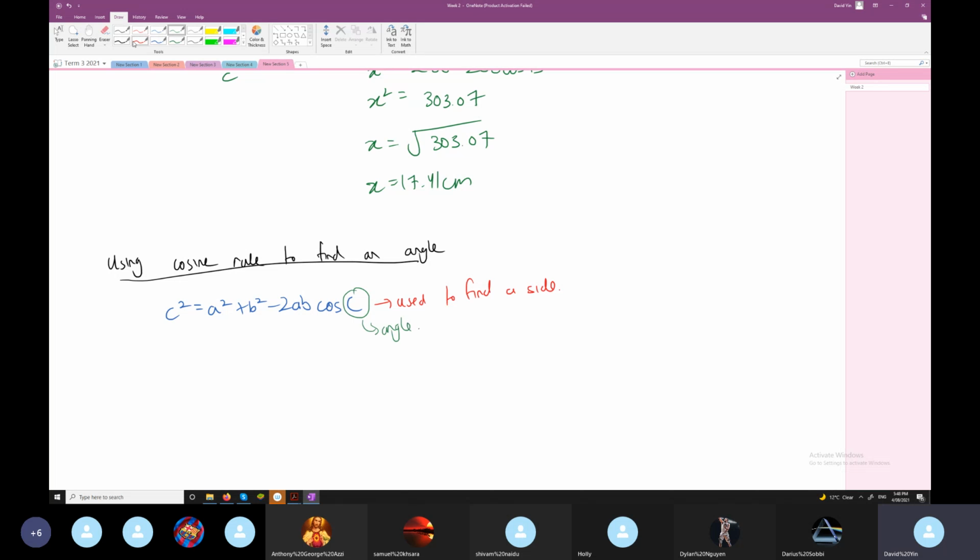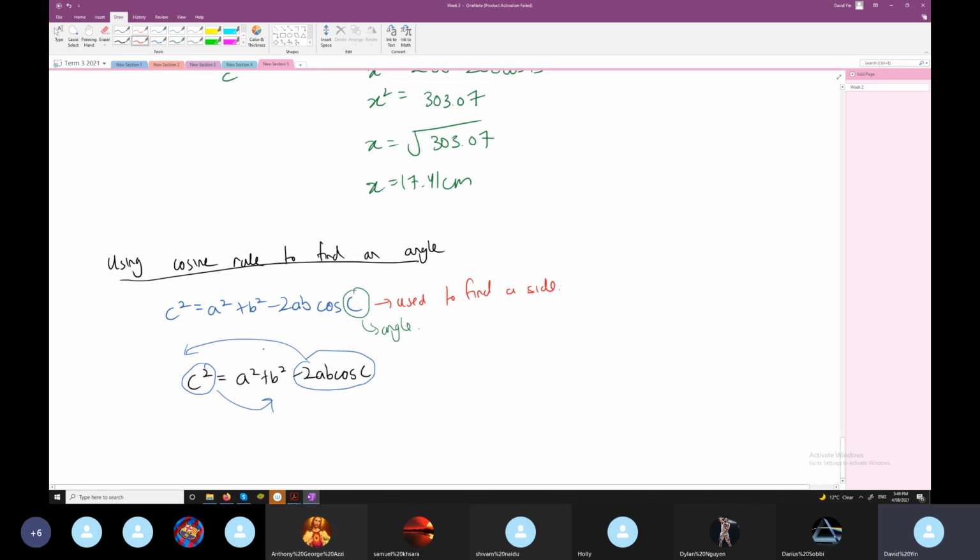So let's rearrange this. There's a couple of ways. The easiest way: c squared equals a squared plus b squared minus 2ab cos c. I'm going to bring this minus 2ab cos c over to this side, and then bring this c squared over to this side.